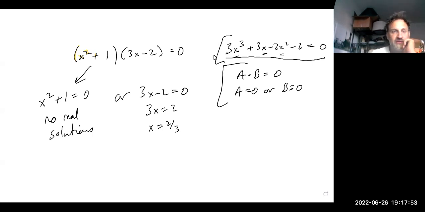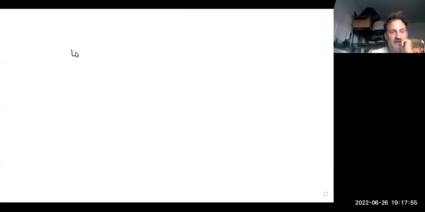So in a factorization problem like 4x squared minus 5x minus 6, what we do is we factor it.